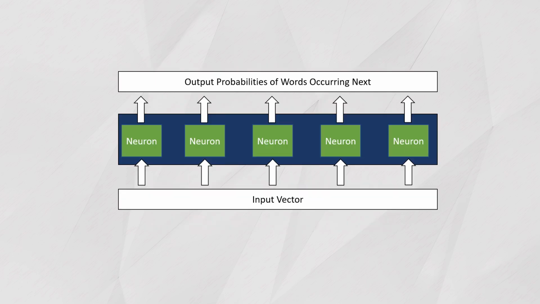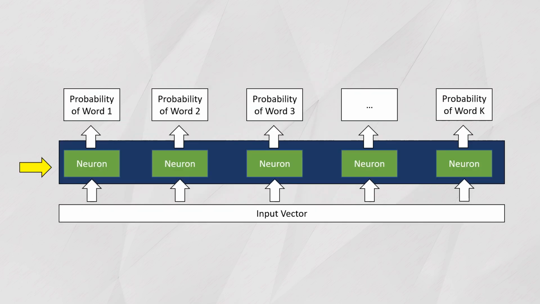Like the hidden layers, the output layer is composed of neurons. For each word in a model's output vocabulary, there is a neuron corresponding to it in the output layer. The output for each of these neurons will be the probability of the word they are associated with occurring next. Essentially, the output layer gives us the probabilities of which words will occur next.